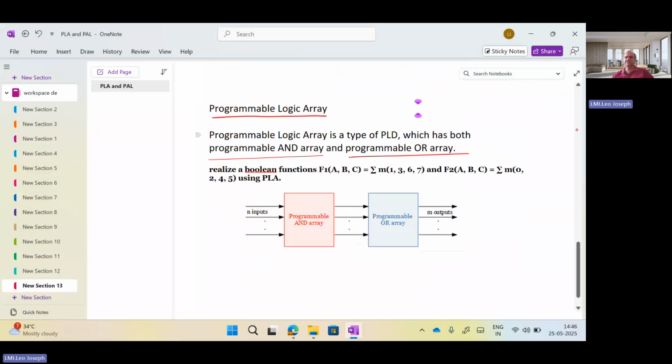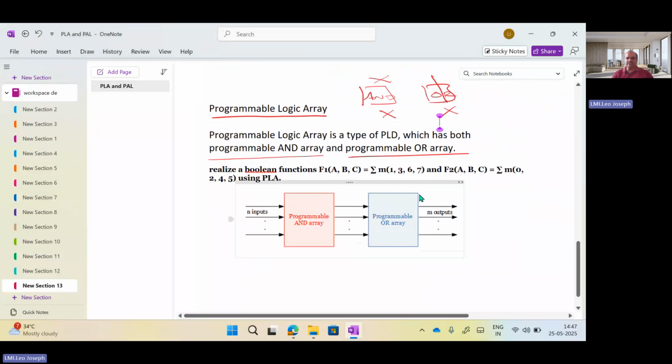In logic arrays, we will have two boxes: one contains the AND matrix and another one contains the OR matrix. In programmable array logic, AND gates are programmable and OR gates are fixed, whereas in programmable logic array, both AND gate and OR gate are programmable. This is the ultimate difference between these two logics.